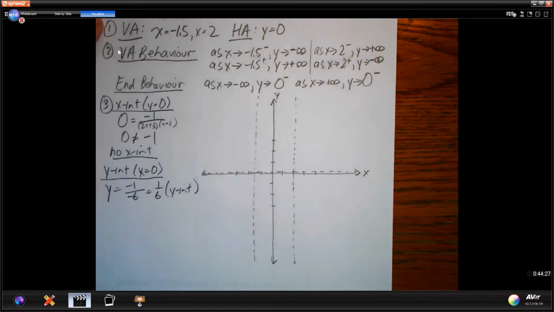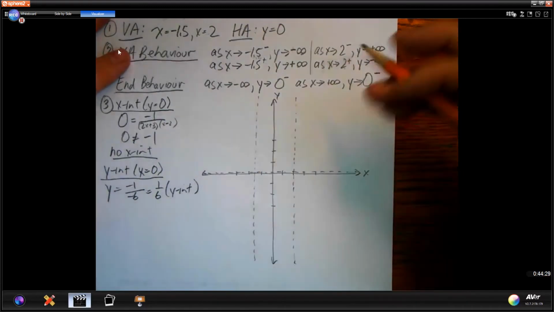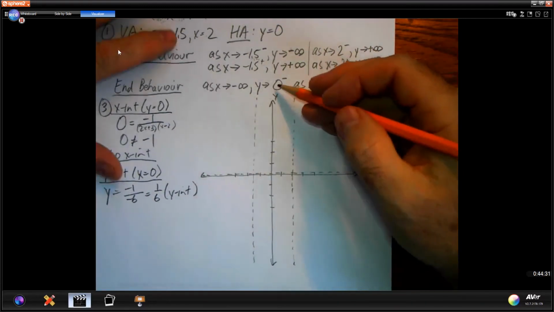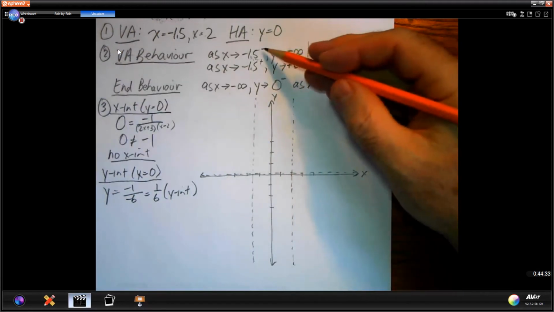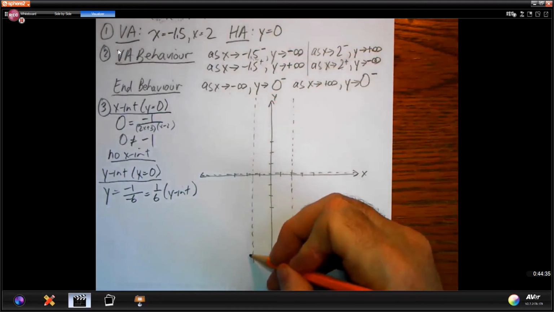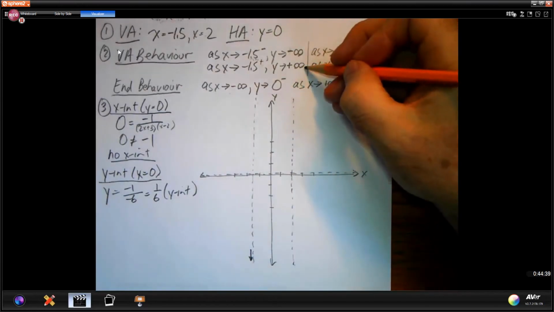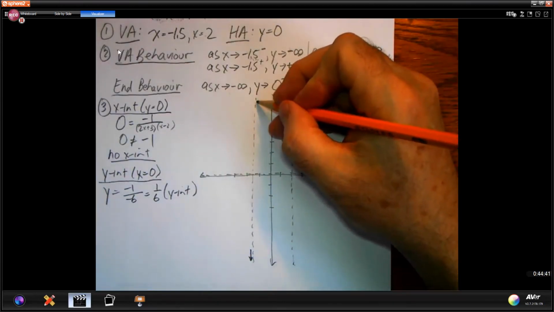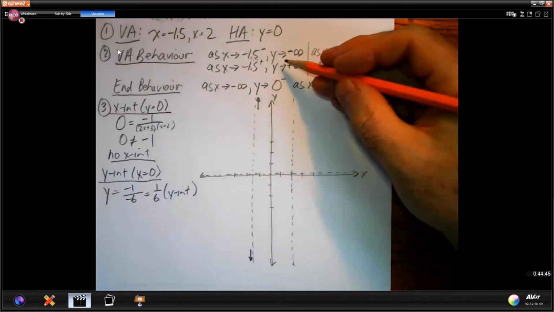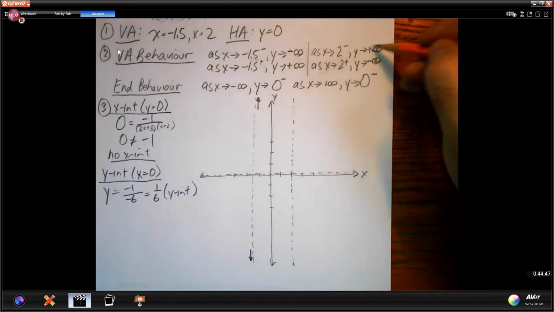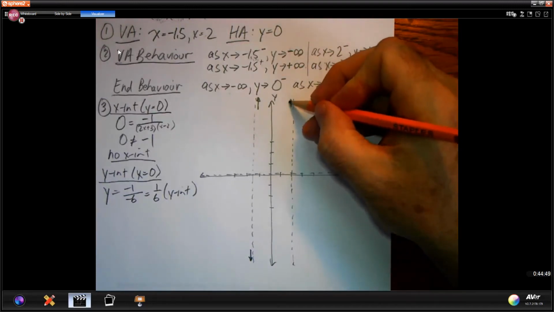Okay, now in terms of the behavior, if I look at the first vertical asymptote, I can see as I come from the left, it's going down. As I come from the right, it's going up. Second asymptote, x equals 2. As I come from the left, it's going up.